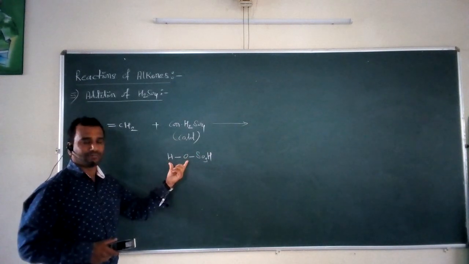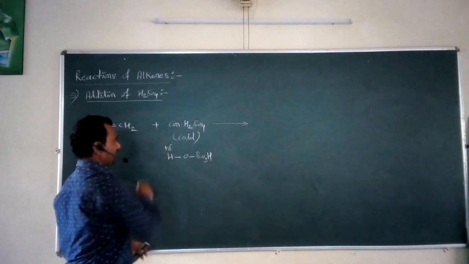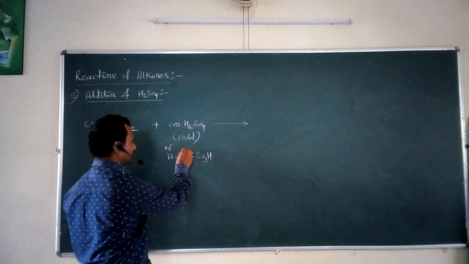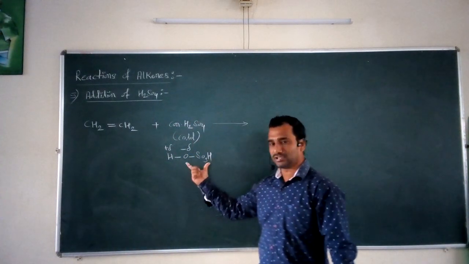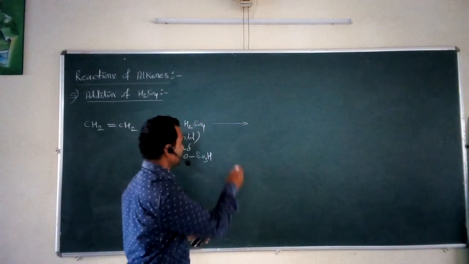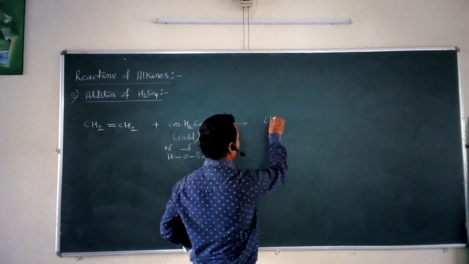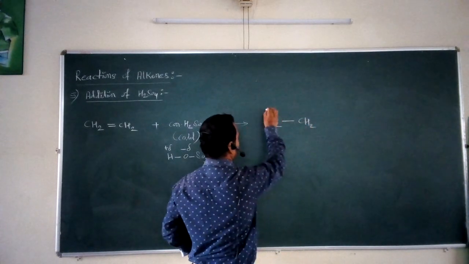If I take the polarity difference into consideration, this H possesses a partial positive charge and this O possesses the partial negative charge. Whenever this H2SO4 interacts with this particular alkene, what happens? An addition type of reaction takes place, and you will get this type of product formation: CH2 single bond CH2.